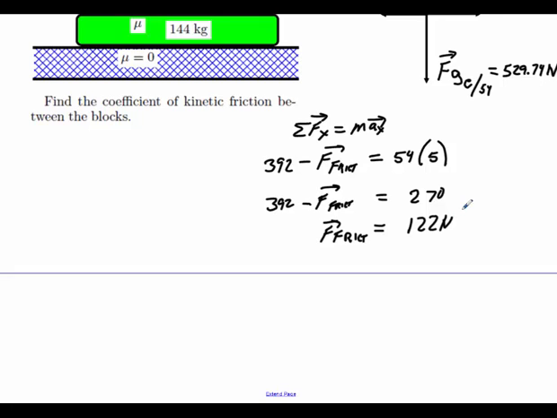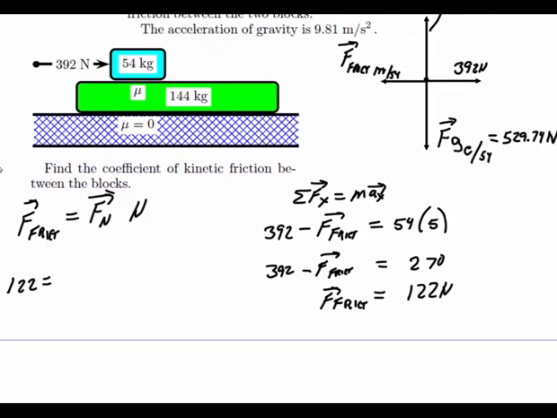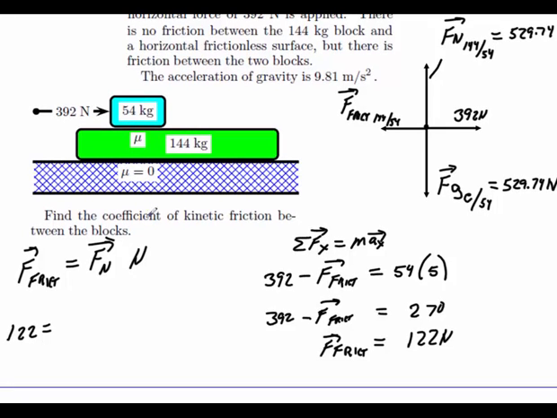Alright, so now we know that frictional force, especially when you have kinetic friction, is going to be the normal force times mu. Sorry, my arrows are not the best in the world. So I put the frictional force of 122. My normal force was 529.72 times mu.